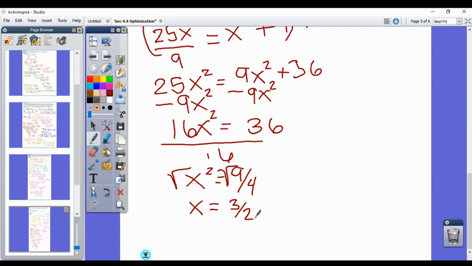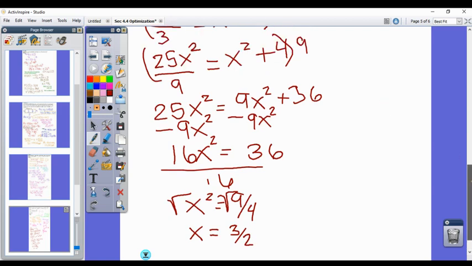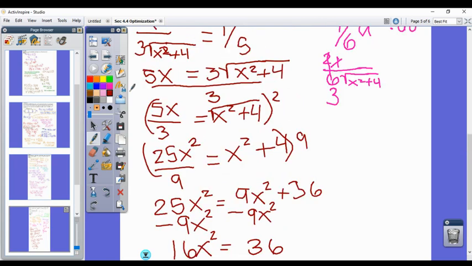Okay, so we have to test some points. So 0, 6, and 3/2. I'm going to write this on the side, I think. Test. We're testing when x equals 0, x equals 6, and x equals 3/2.